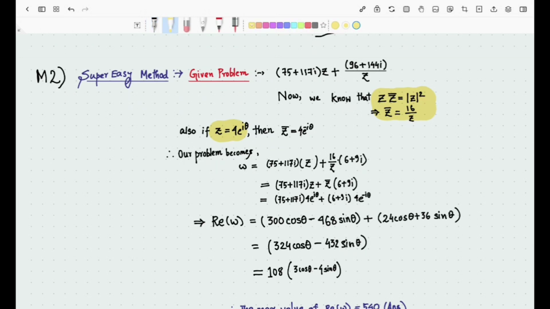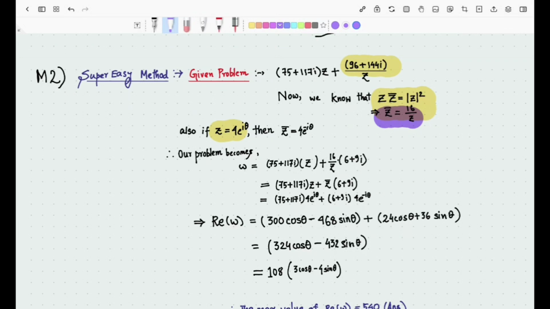So now our problem becomes that omega is equal to this expression, right? That is, I have just taken 16 common from the second part of the numerator, right? And 16 by z is equal to, sorry, the conjugate of z.